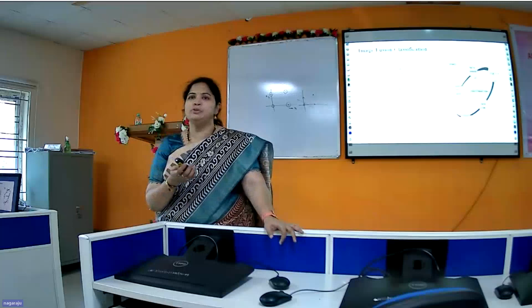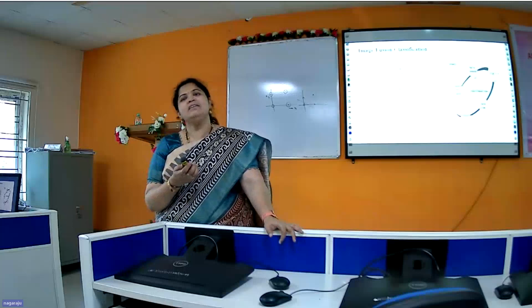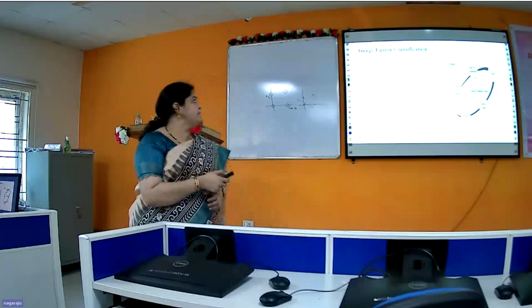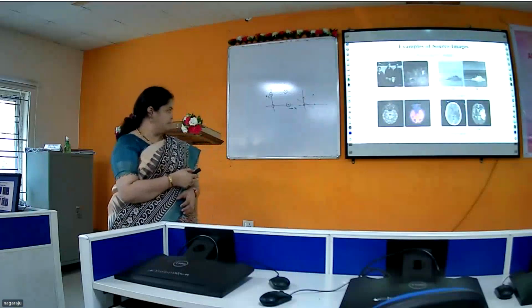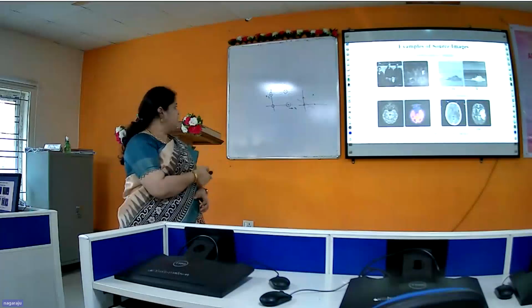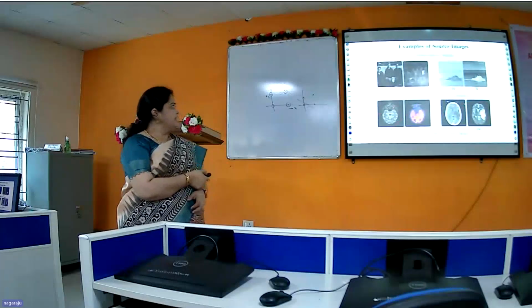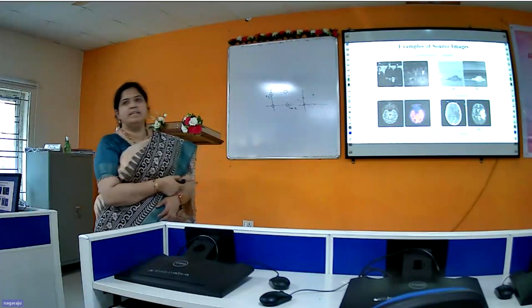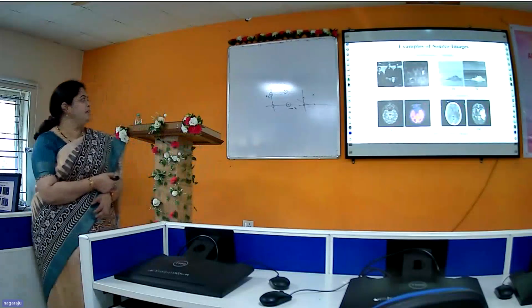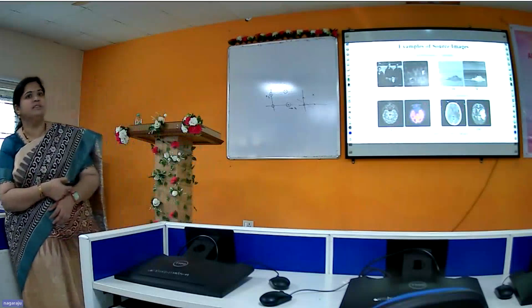MRI is better, but it is too costly. If you compare these two images, here there is a CT scan. The CT scan image will be like this. This is for the brain, and this is also an MRI scan. So what do you observe as the difference between these two images?